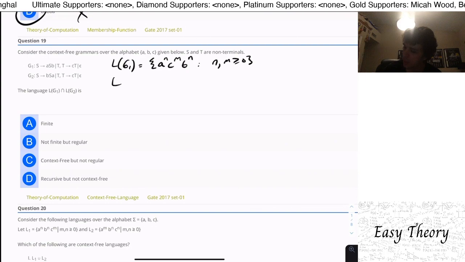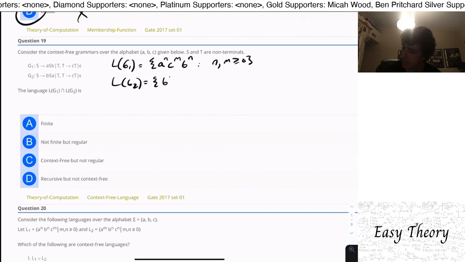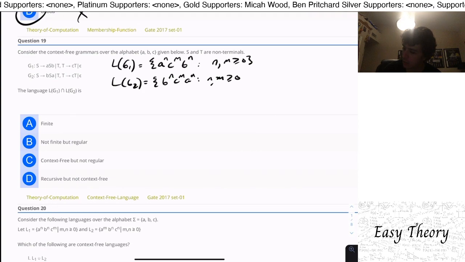Yeah. L of G2 would be B to the N, C to the M, A to the N, where N and M are at least 0.